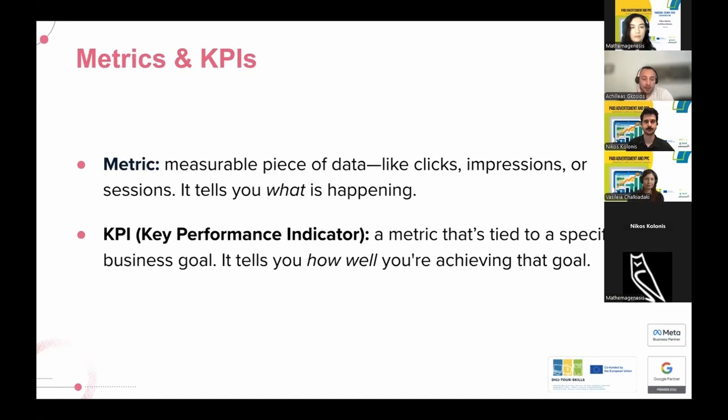By the term metric, we mean a measurable piece of data like clicks or impressions. By the term KPI, key performance indicator, we mean a metric that is aligned to a specific business goal and shows us how well we are achieving this goal.